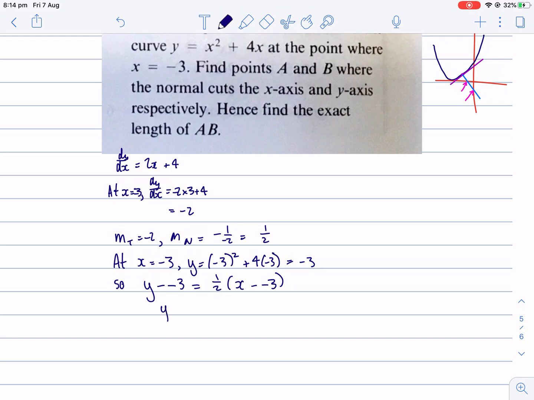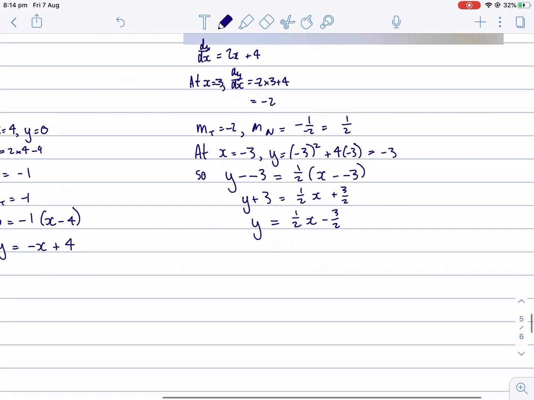So we've got y plus 3 equals half of (x plus 3) on 2. So y equals half x, 3 on 2 take 3 is negative 3 on 2. That's the equation.